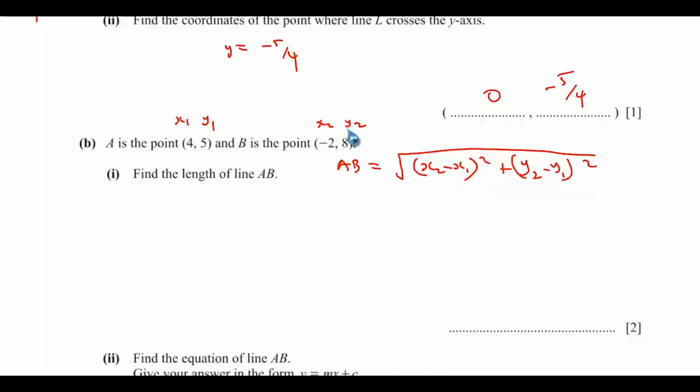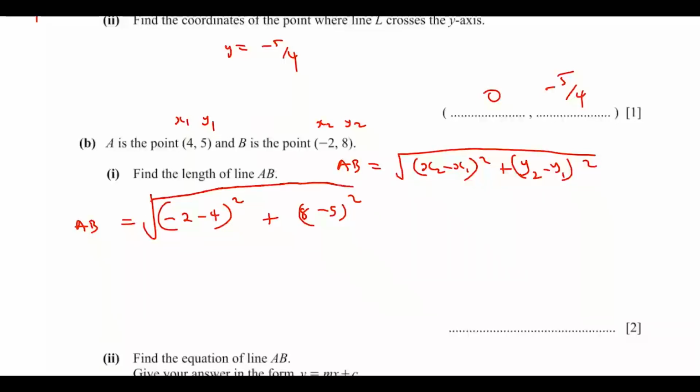So if you input this there, we're going to have the length of AB to be equal to, okay, let's input the values. So you have minus 2 minus 4 all squared, that is for x2 minus x1, then plus y2 minus y1, 8 minus 5 all squared, and everything under this radical, that is the square root.